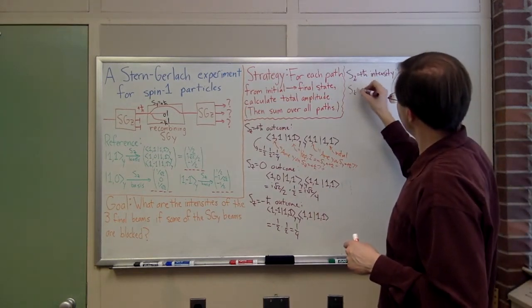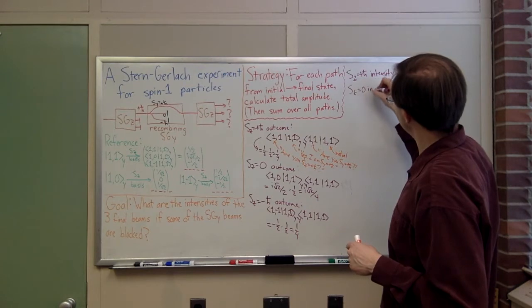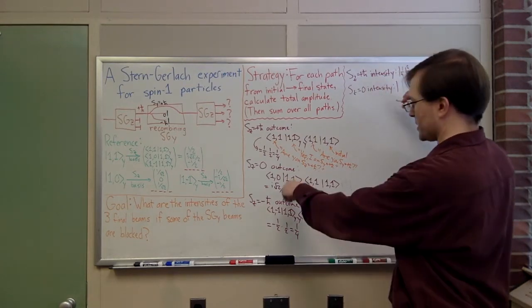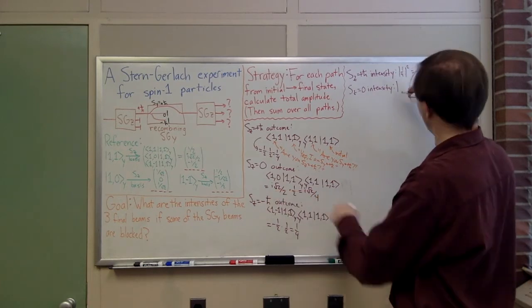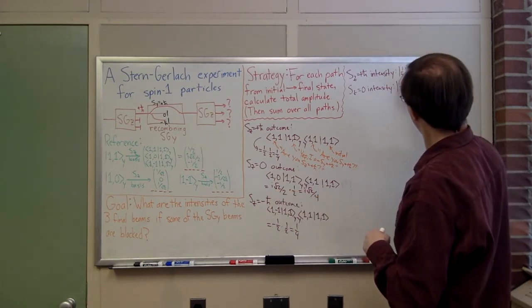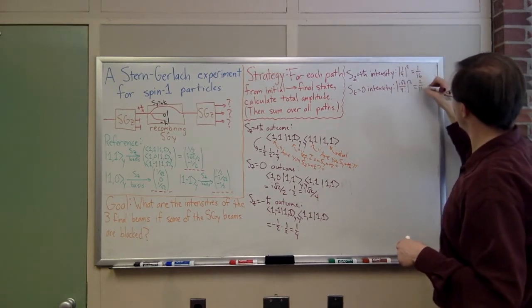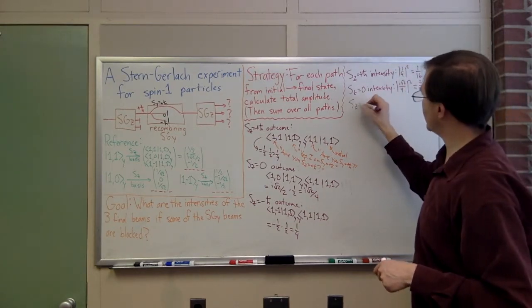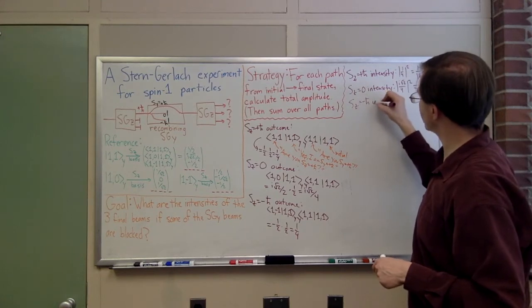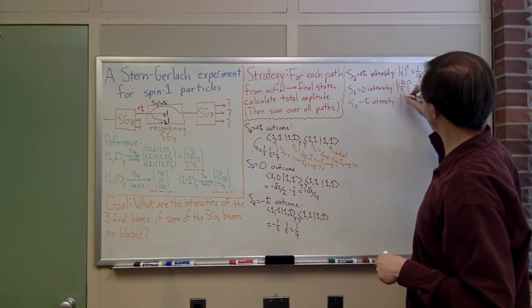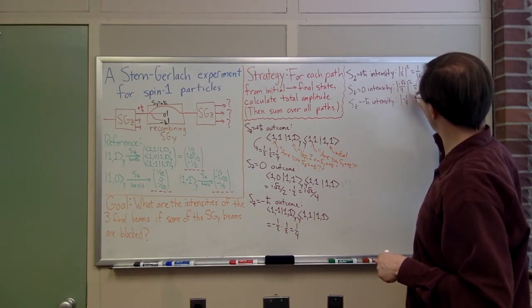The Sz equals 0 intensity was, what is this? This is i square root of 2 over 4 squared. That's 2/16. And the Sz equals minus h bar intensity, when I do that, is again the absolute square of minus 1/4.